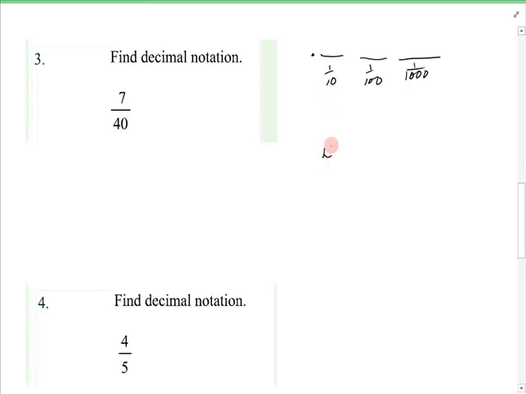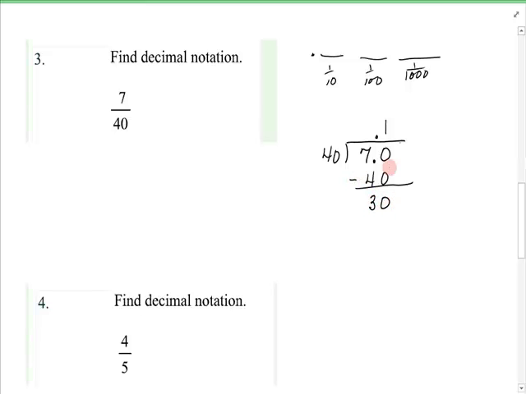I'm going to do what I would normally do, which is the bottom into the top. Remember that you can add a 0. Put that decimal straight up. 40 does not go into 7, but 40 goes into 70. Well, it doesn't go 2 times, it just goes once. 1 times 40 is 40. If you had tried 2, you would have gotten 80 and it would have been too big.